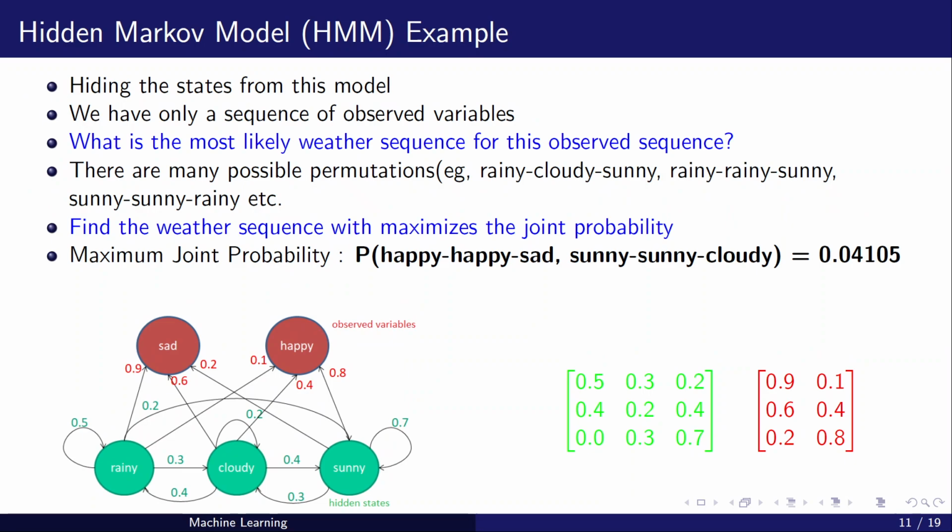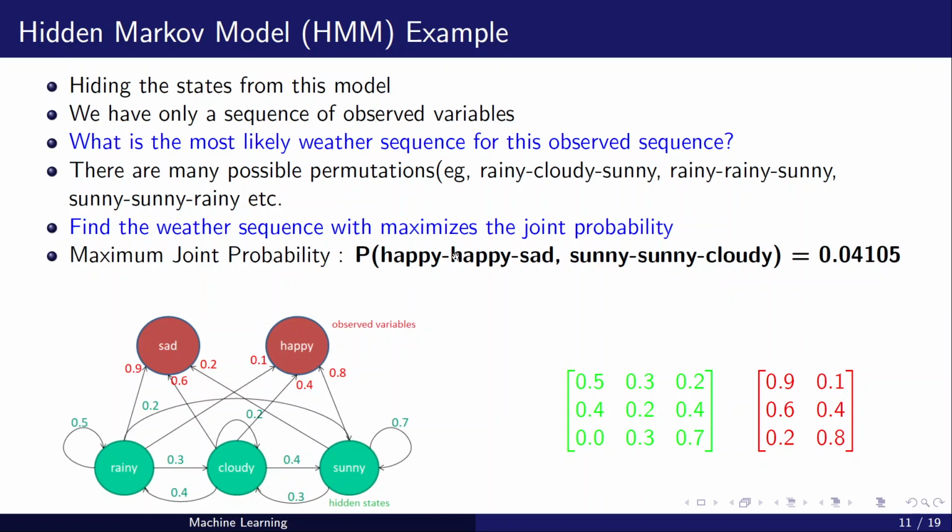So how we do it is, we try all possible permutations, and based on that we can calculate it. Based on that we can say what is the weather sequence that maximizes the joint probability. You need to select that as the output, right?